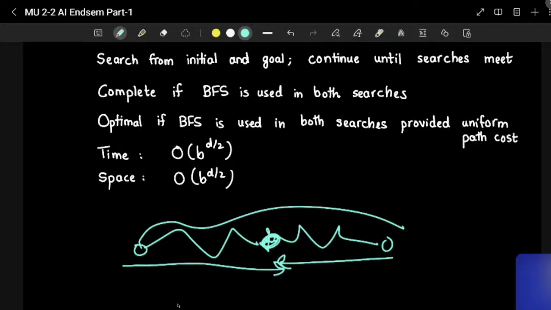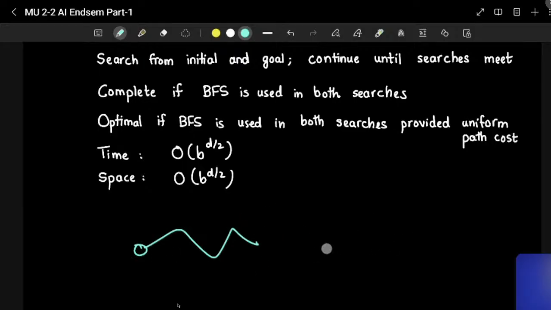So whichever search you use, as long as both these searches meet, it becomes complete. But it seems like using BFS will guarantee that both these searches will meet, which makes it complete.